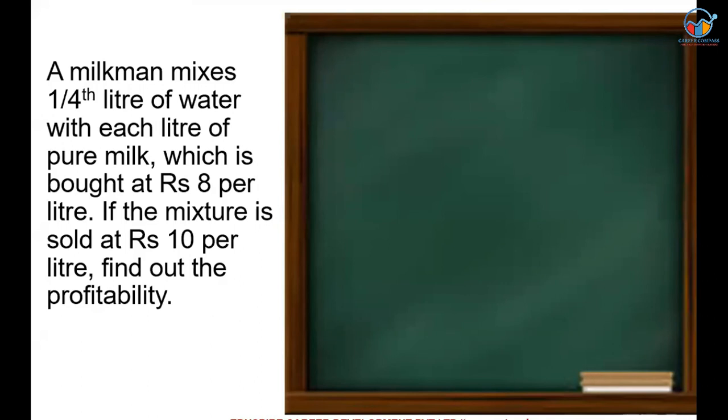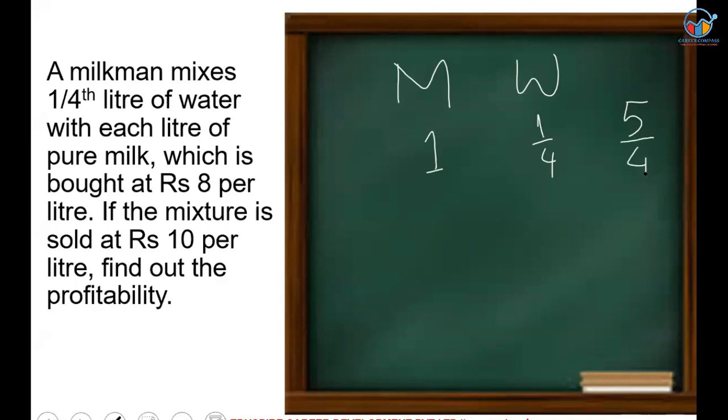All right, guys, so let me discuss. First of all, I would like to see the mixture having 1/4 liter of water with every liter of milk. So of course the final solution will be 5 by 4, right? Which is 1 plus 1 by 4.